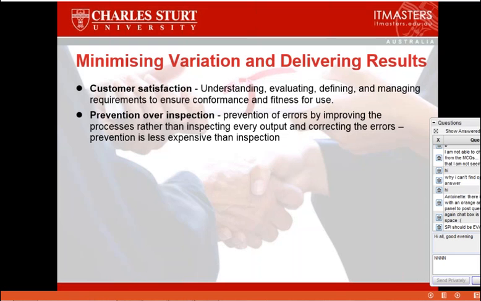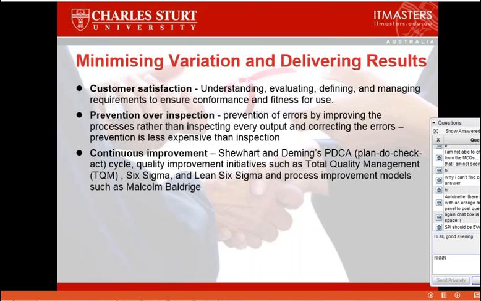In projects, you tend to do inspection at the end before a deliverable is accepted. So prevention over inspection is very much a quality term, but really it refers more to operation than it does to projects.